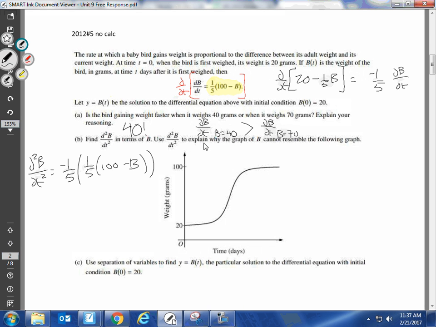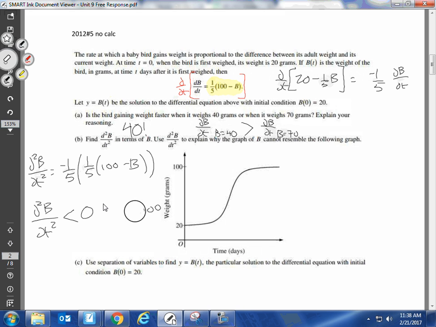Use the second derivative to explain why the graph of b right here cannot resemble this. So this is the wrong graph for b. Why is this wrong? Well, the second derivative is going to be negative for all values of b between 20 and 100. So d squared b over dt squared is less than 0 for b between 100 and 20.